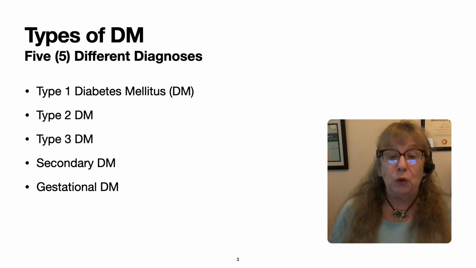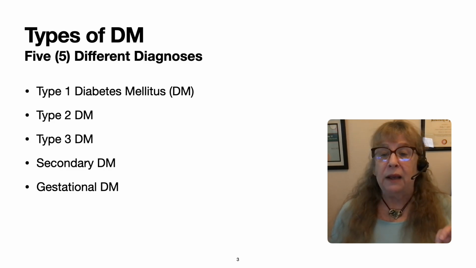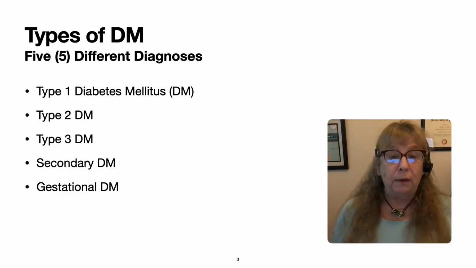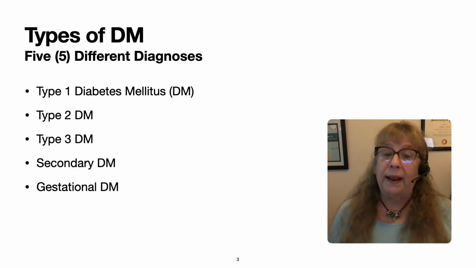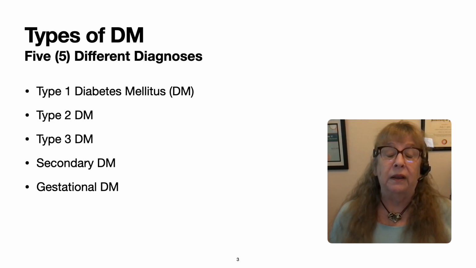Type 3 diabetes is brand new, so we wanted to just mention this. They think it is a precursor to Alzheimer's disease. Like I said, it's brand new, but we wanted you to at least be aware of it. Should you read about it in documentation, query the doctor if you don't know.